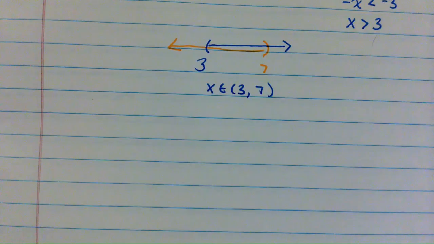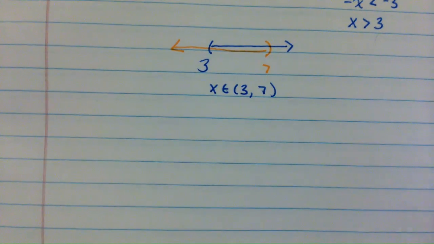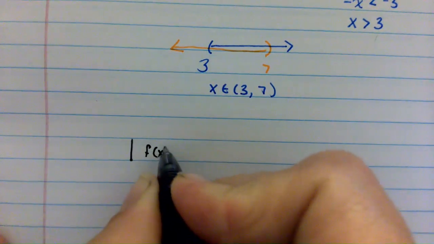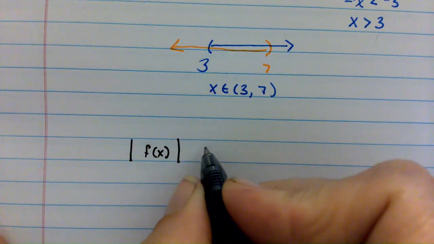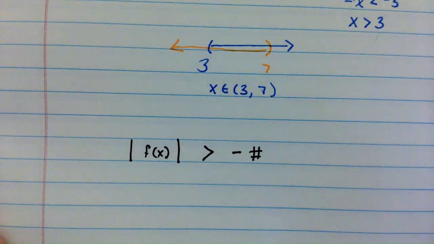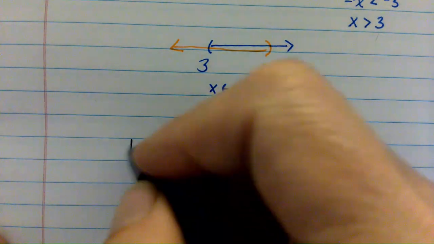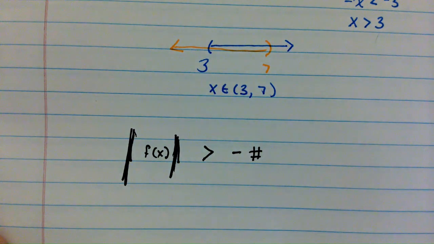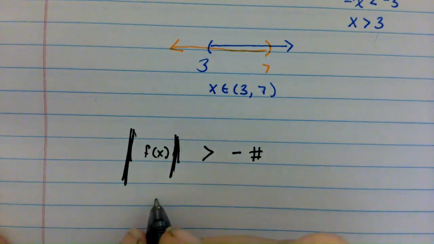A fun, or not fun, depends on how you are looking at it. If you have the absolute value of some equation is greater than a negative number, well, when is a positive greater than a negative? It's always, it doesn't matter the equation.